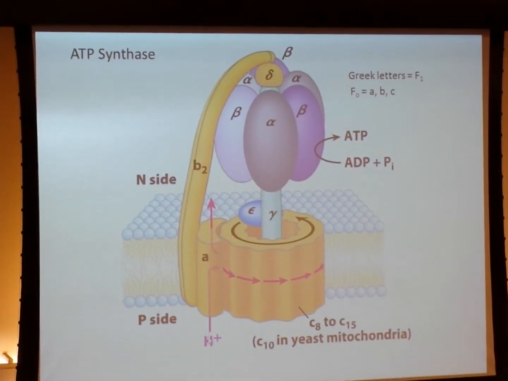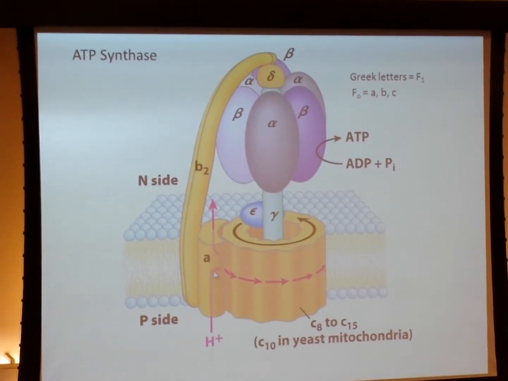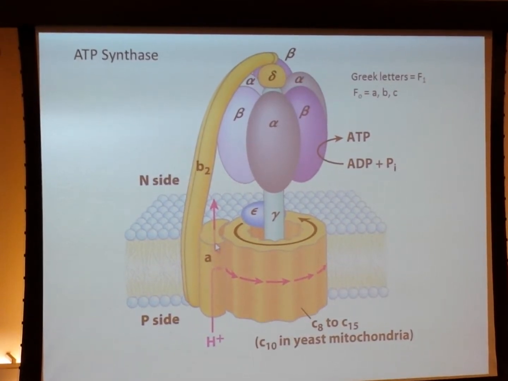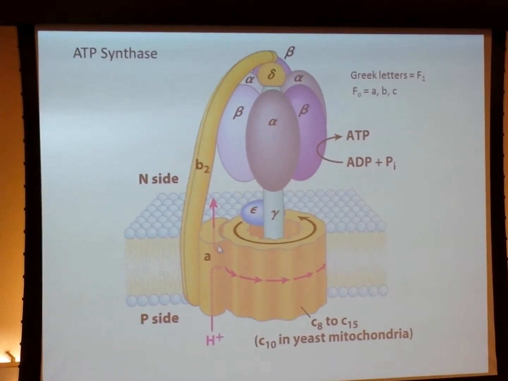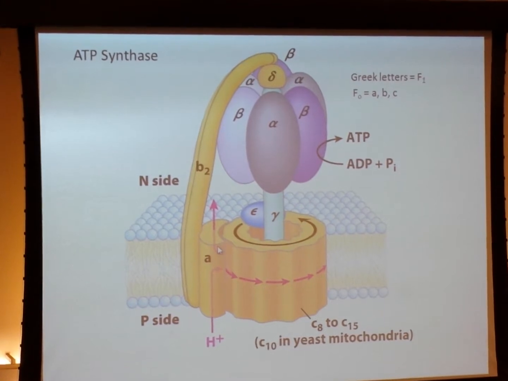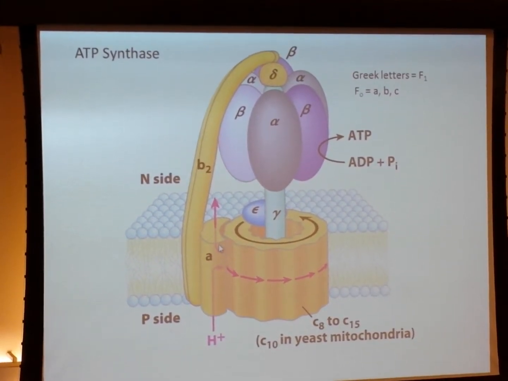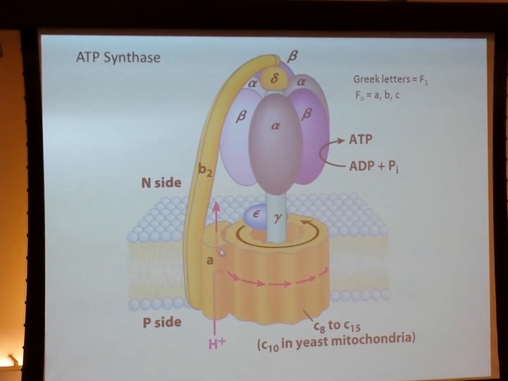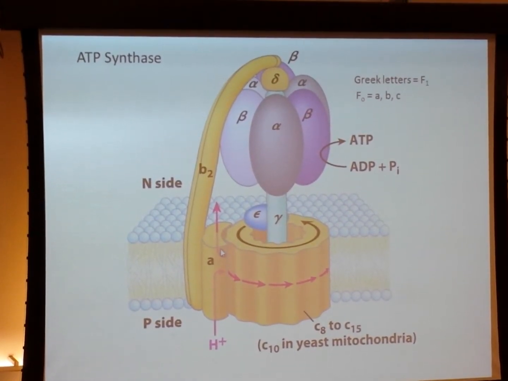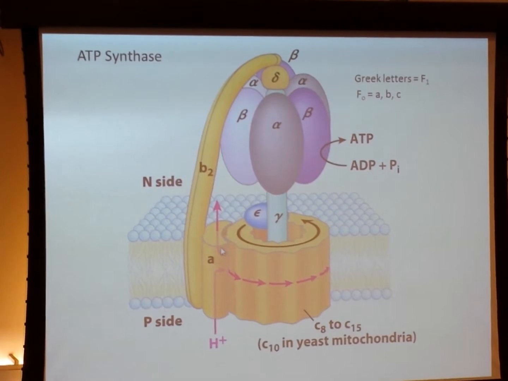One half channel allows protons to come in. The other half channel on the other side here, they're very close in space. This diagram makes it seem like they're far apart, but they're actually really close. A proton can come in. It goes for a ride on the rotor, on the C subunit, and then goes out.